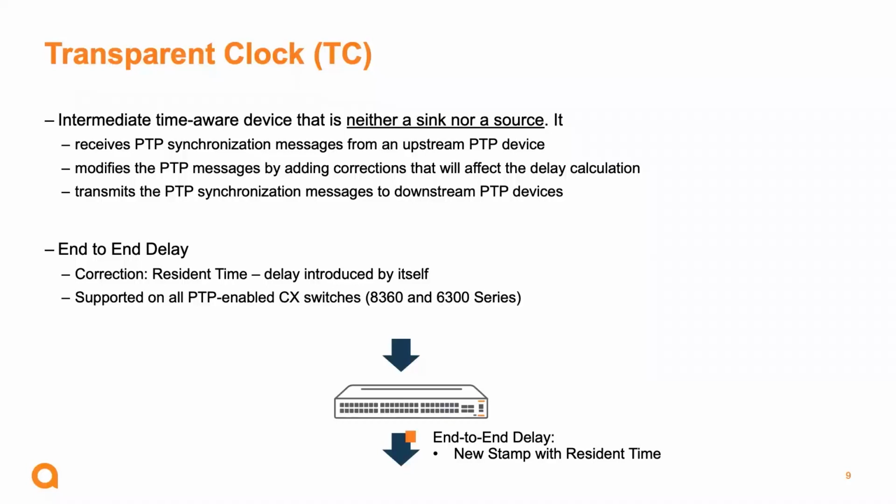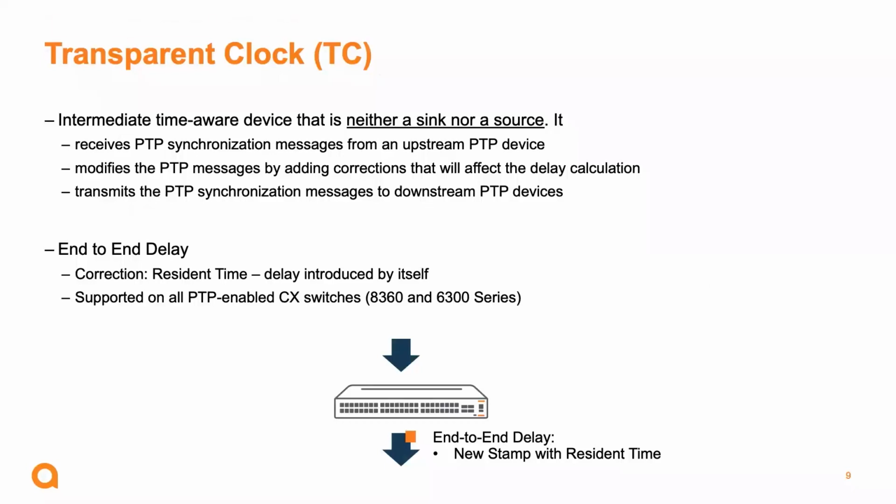Remember the T2 minus T1, or the D1 delay, the first part of the delay for the synchronization packet. That timestamp will allow us to calculate that delay more precisely. So in end-to-end delay, we use the resident time for that calculation.